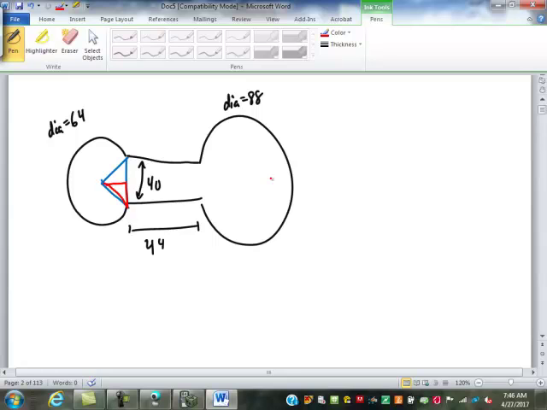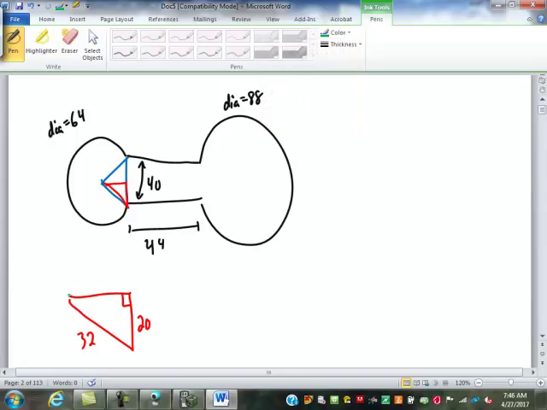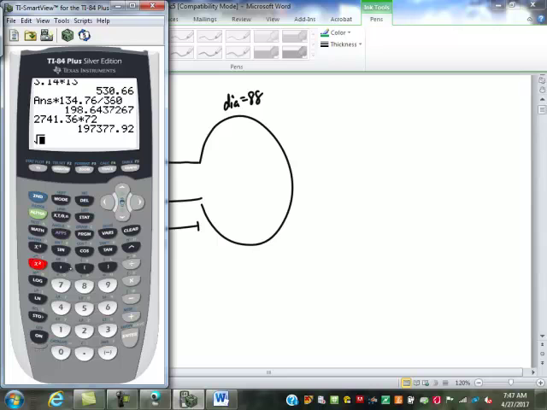So we're looking at that triangle first. In that triangle, this side is 20, just half of the 40. This side is 32, the radius of that circle. We can find this distance here. That's going to be the square root of 32 squared minus 20 squared. 24.980.